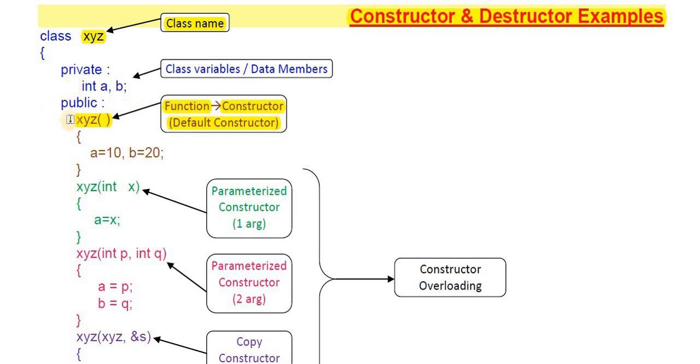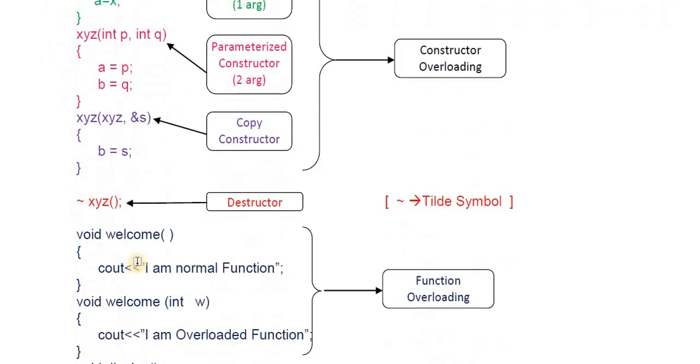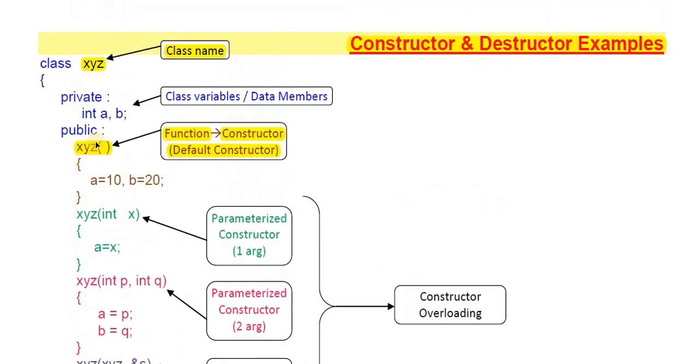There is no return type used with a constructor. In a normal function, function name, parenthesis and a return type like void is used, but in a constructor there is only the constructor name and parenthesis, no return type, and constructors are always declared in the public section. So this is the default constructor.